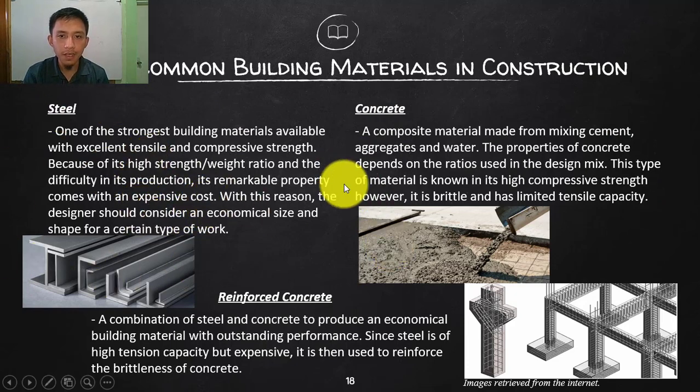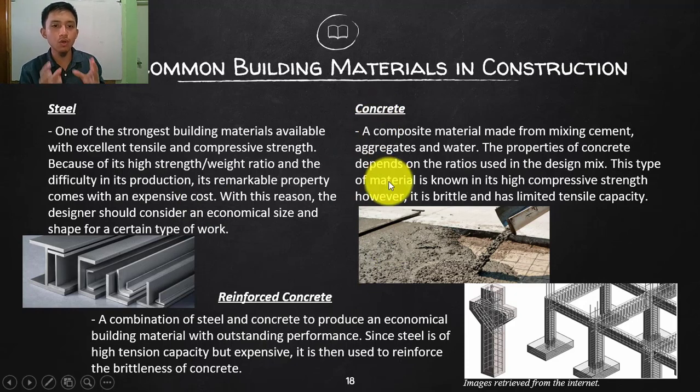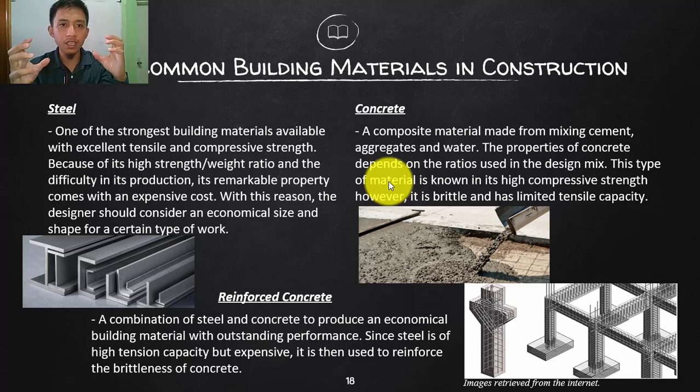So now, for us to have an economical design, if you say most economical, it means the cost should be the least possible cost. For us to have the least possible cost or economical size or shape of these members, the idea done previously is to combine steel and concrete.